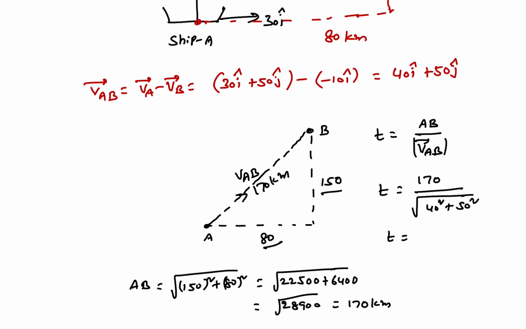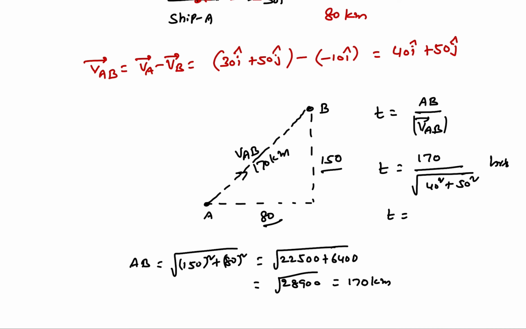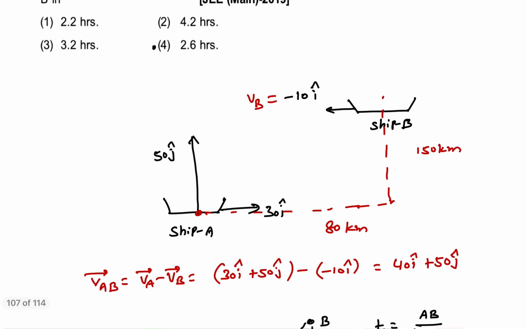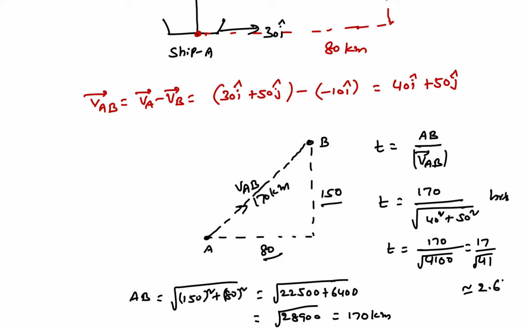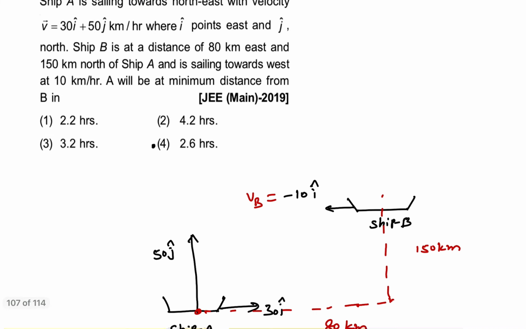Kilometers I am removing, everything is in terms of kilometers only, so finally we will get time in hours. 40 square plus 50 square is 1600 plus 2500, so you can write 4100. 170 by root 41, this value is approximately 2.6 hours. You can write 2.6 hours as the time taken approximately.